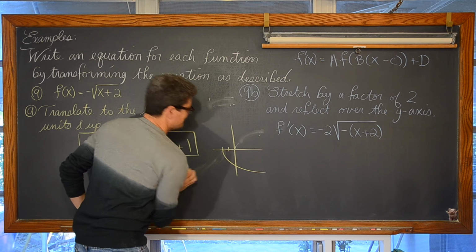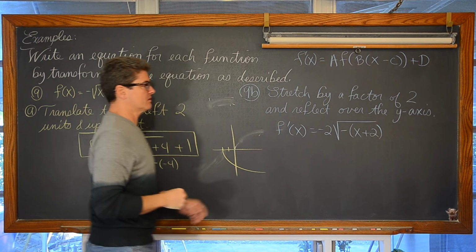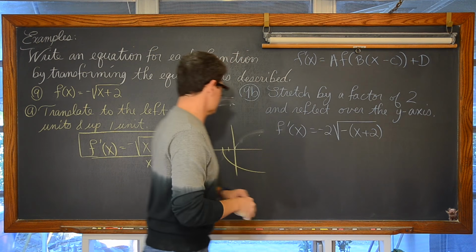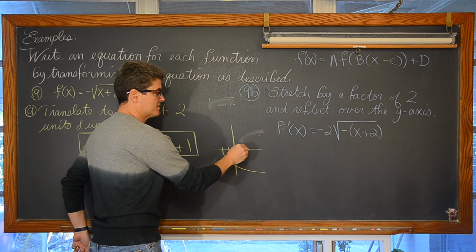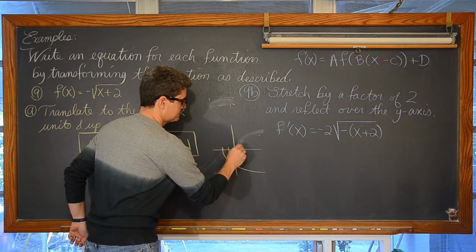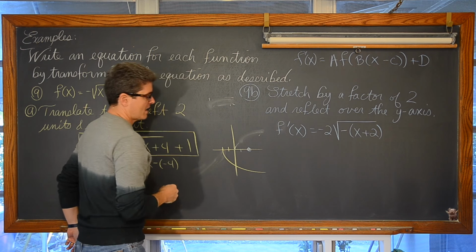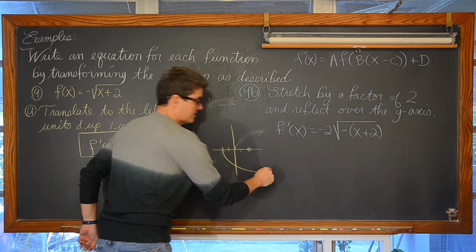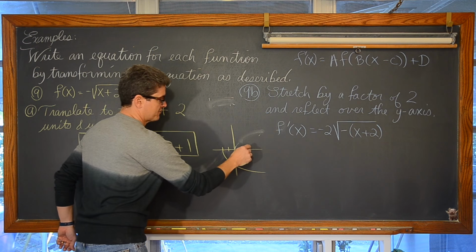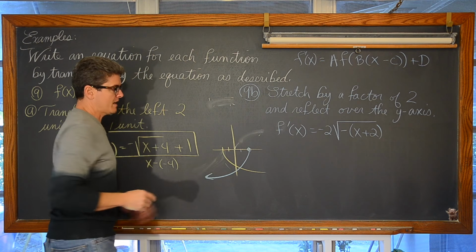I want to take this graph and reflect it over the y-axis. Well, what was to the left is now going to be to the right. And what was to the right of the y-axis is now going to be to the left. I need a graph that looks like that.